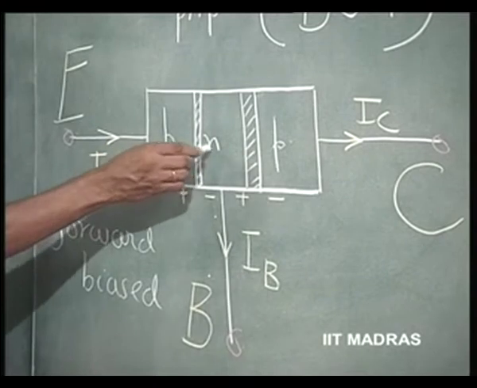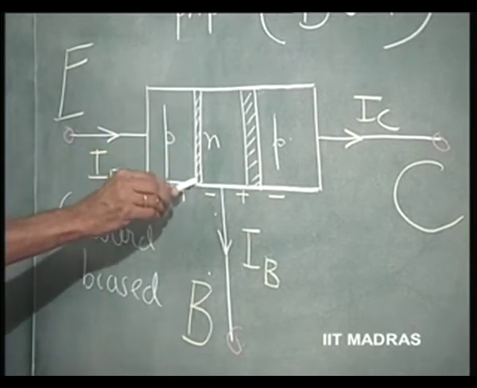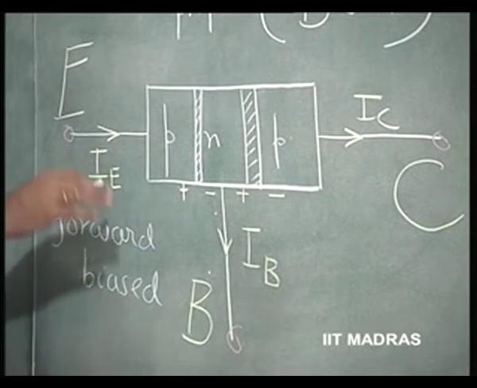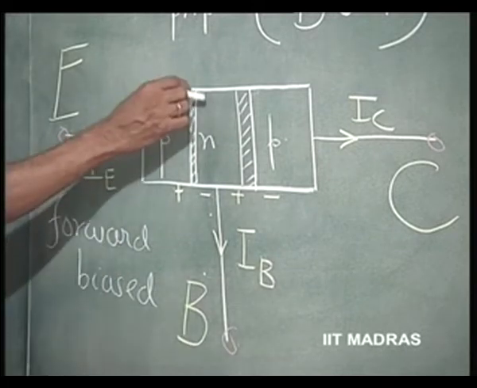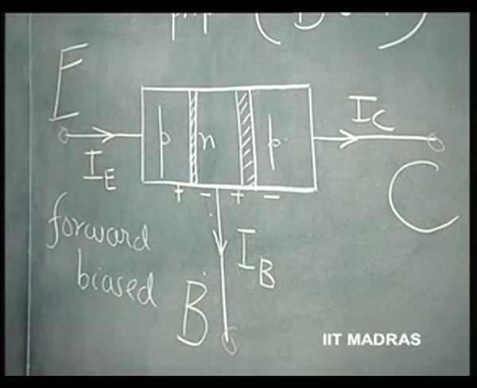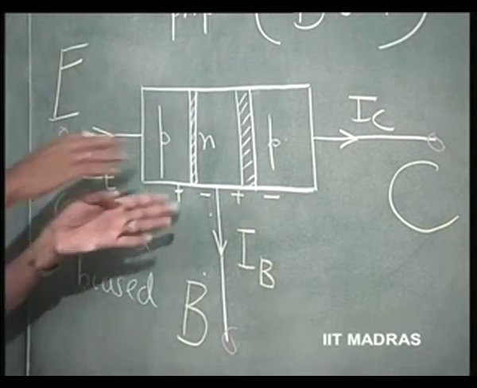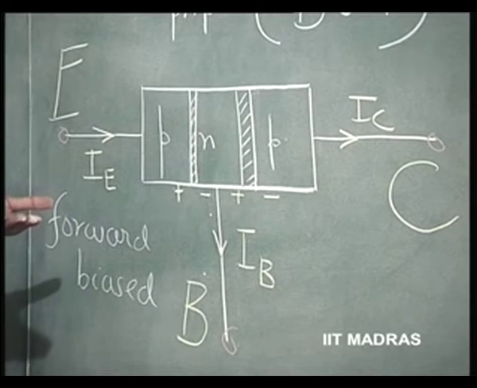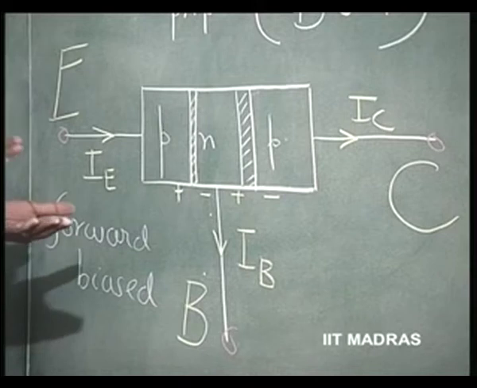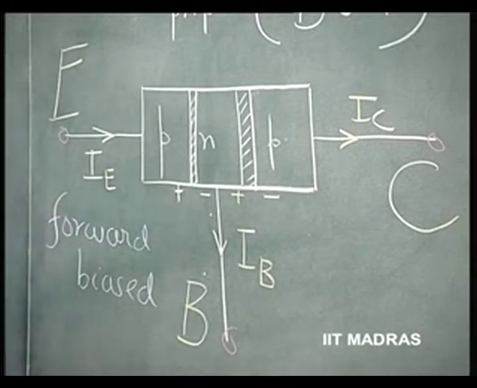The moment a junction is formed, you know that there is what is called a depletion layer, which is devoid of all mobile charge carriers, electrons or holes. This layer is called the depletion layer. This we had talked about again in the diode. There is a potential barrier, which is of the order of 0.5 to 0.7 volts in the case of silicon. That is why our diode starts conducting only after that cut-in voltage of about 0.5 to 0.7 volts.